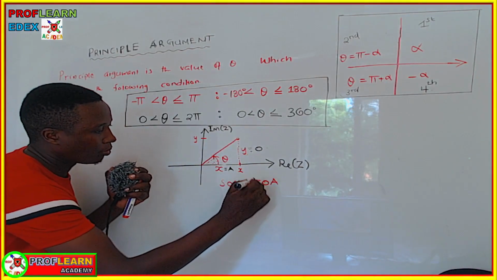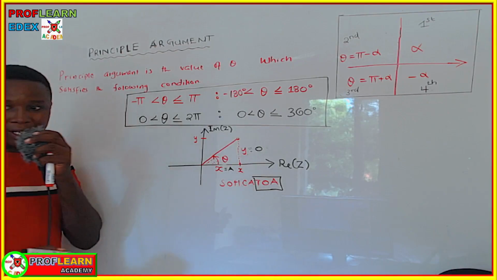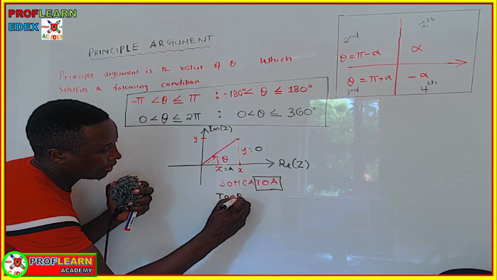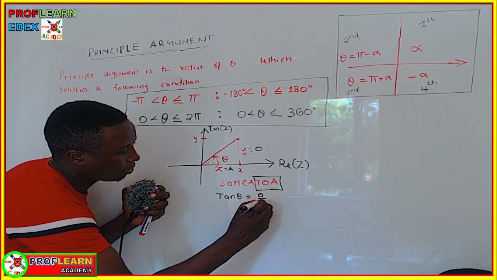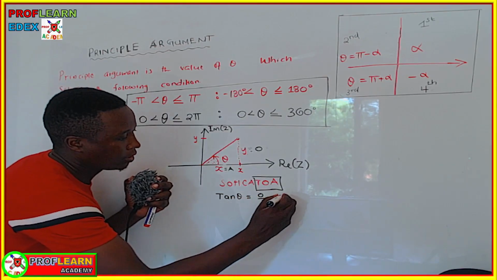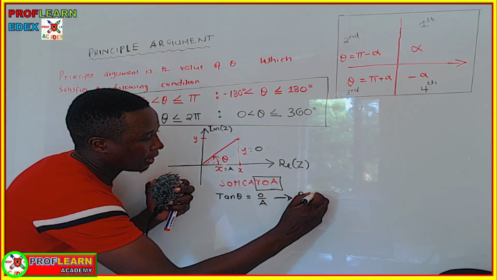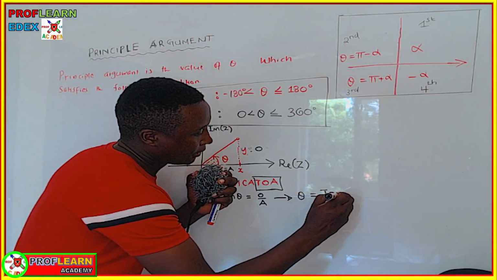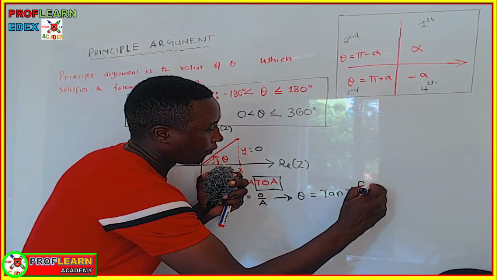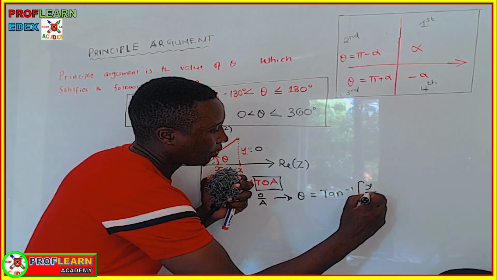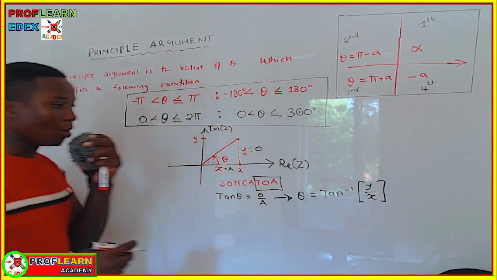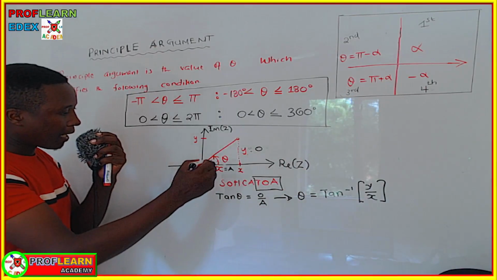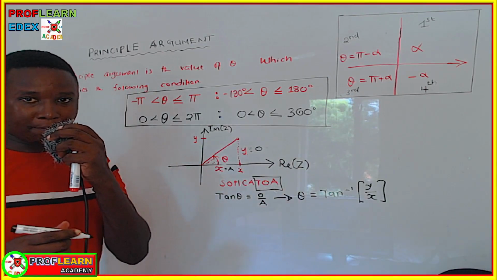Then you can see the part we are going to use in order to work out that angle is tan. So we can say, therefore, tan theta is equal to opposite over adjacent, which implies that the angle theta is going to be equivalent to tan inverse of y over x. That's how we usually calculate the angle of the argument of a complex number.